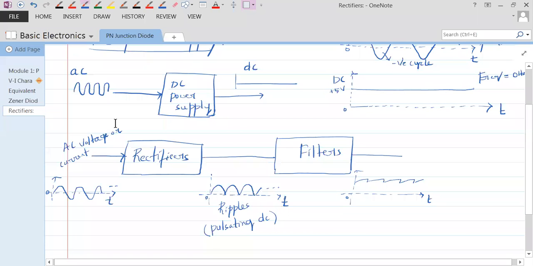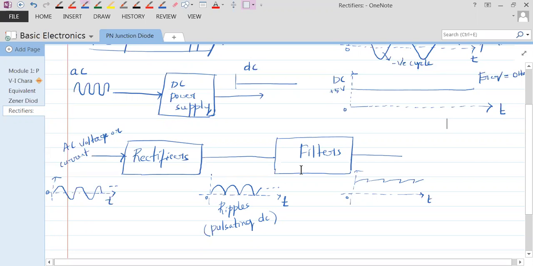To get this, it was not possible with rectifiers. So what we did, we thought of having filters. What is the purpose of having these filters? The output of rectifier has got ripples in it, which is unwanted. So these ripples need to be filtered out. So we make use of another device called filter, which will try to filter out as many ripples as possible.